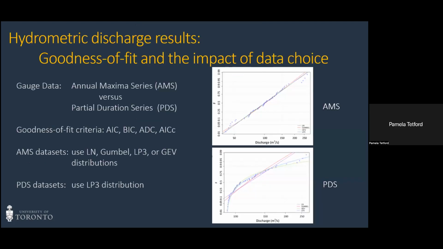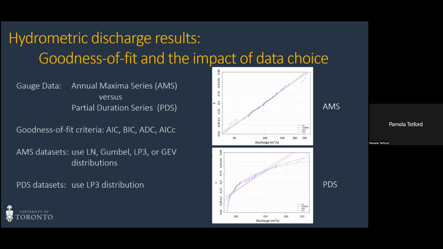So we use two types of gauge data. We have the annual maxima series, the AMS, and the partial duration series, the PDS. Both of these data sets are derived from the mean daily flow.